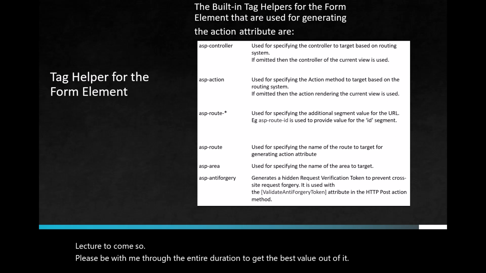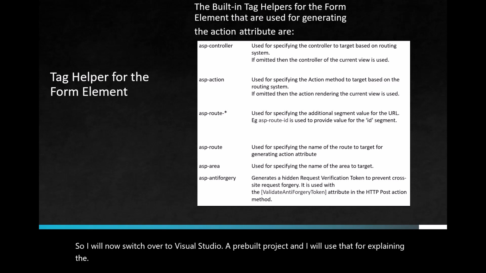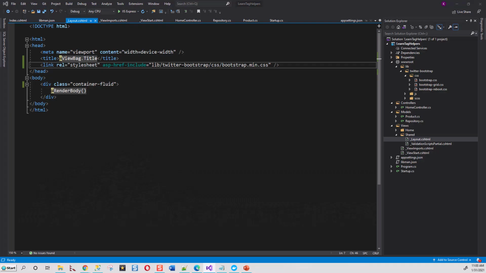So I will now switch over to Visual Studio, a pre-built project, and I will use that for explaining the built-in tag helpers. Starting point today will be this project that I have started already, and this is known as Learn Tag Helpers. All it has got is a model which has got a product class.